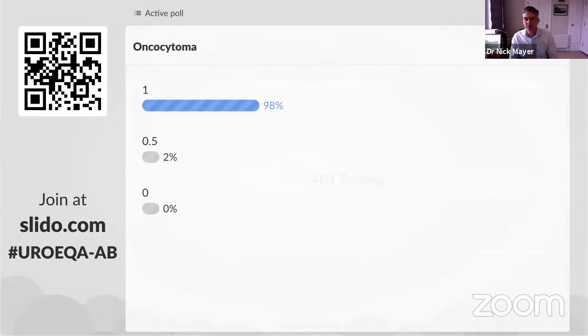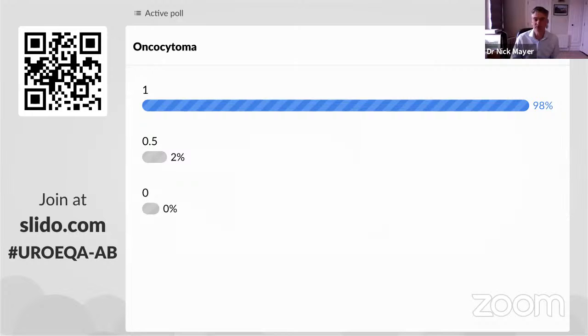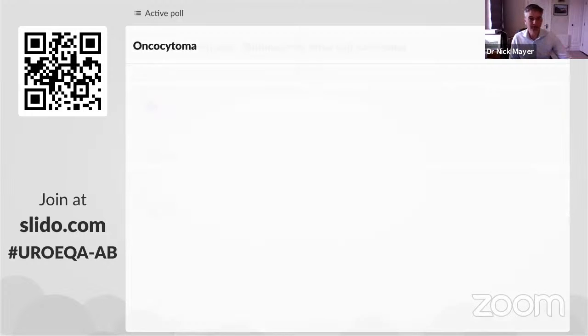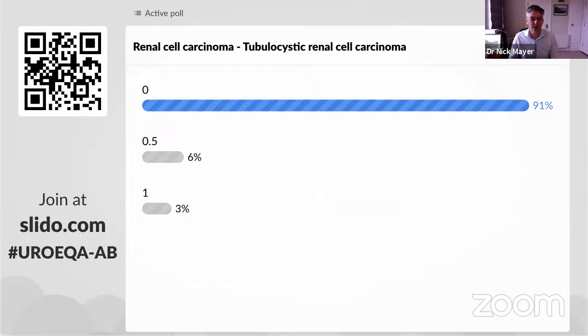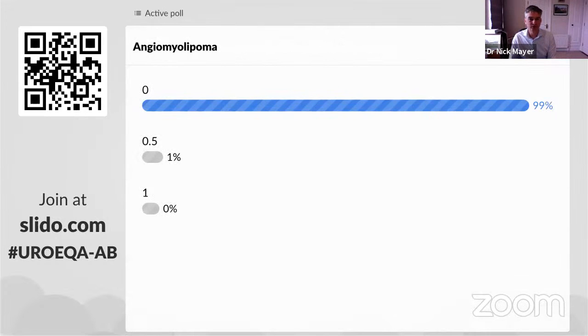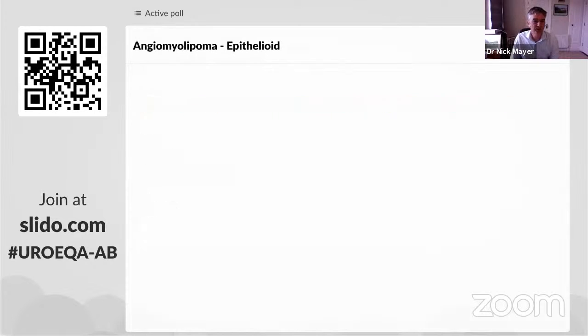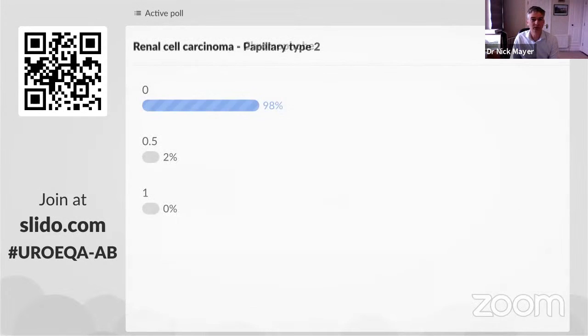Right, let's see what people made of this. So oncocytoma scores a 1. Renal tubular cystic carcinoma scores 0. Eosinophilic solid and cystic 0. Angiomyolipoma 0. Epithelioid angiomyolipoma 0. Chromophobe 0.